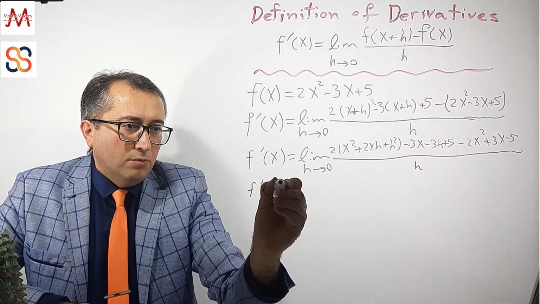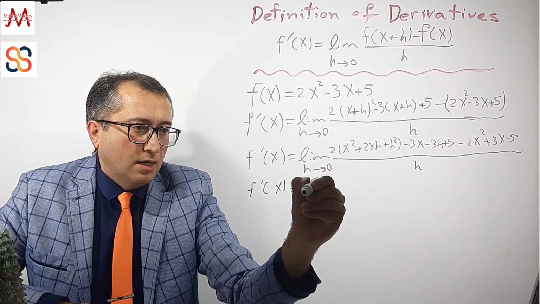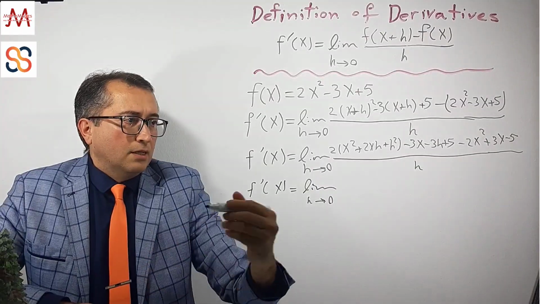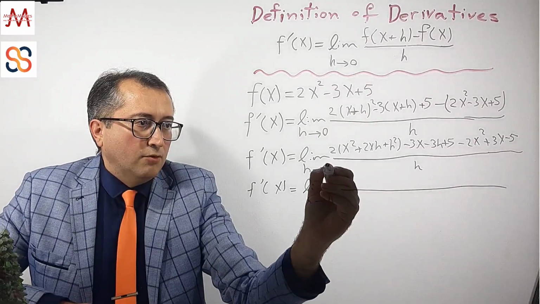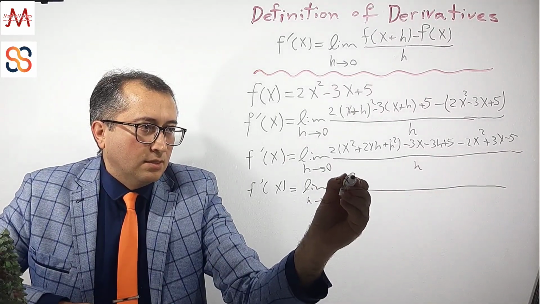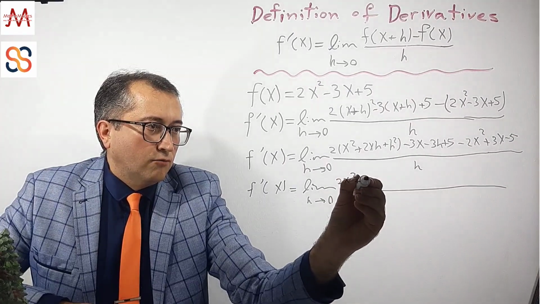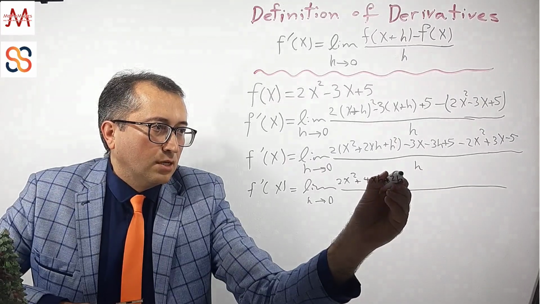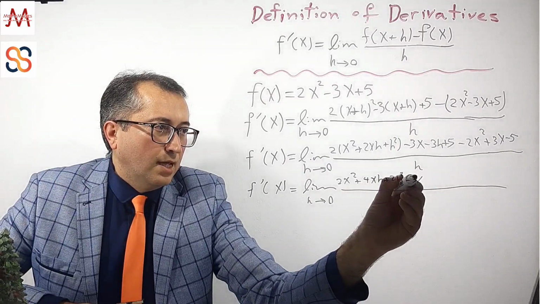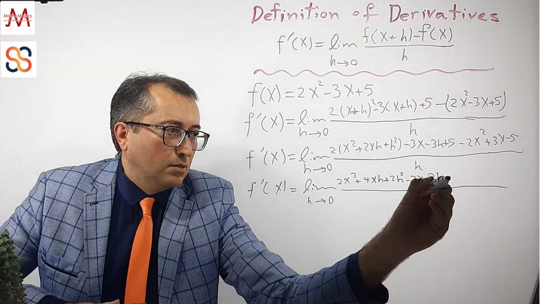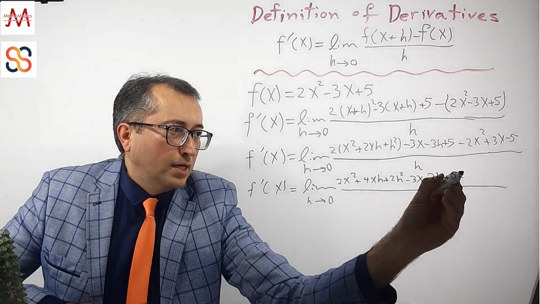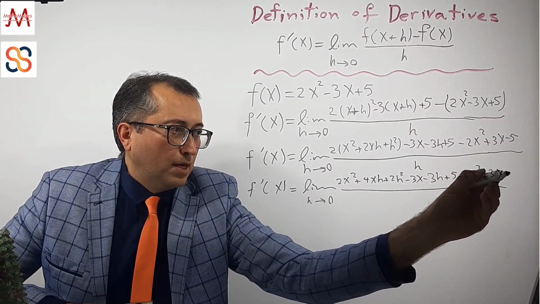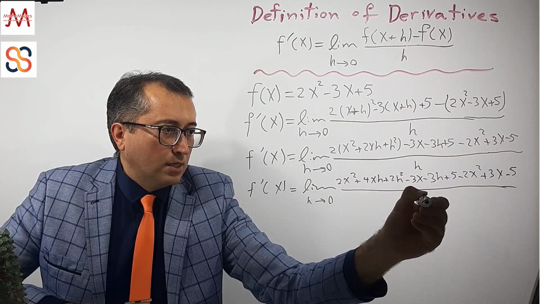Now we have to do more algebraic process as h approaches 0. We have 2x squared plus 4xh plus 2h squared minus 3x minus 3h plus 5 minus 2x squared plus 3x minus 5 over h.